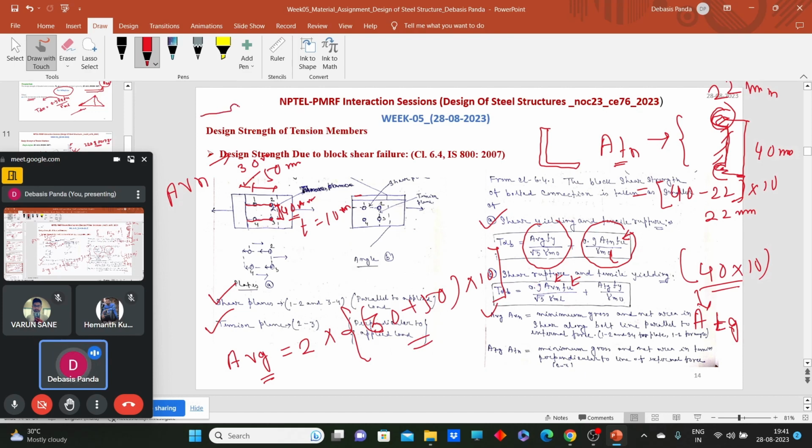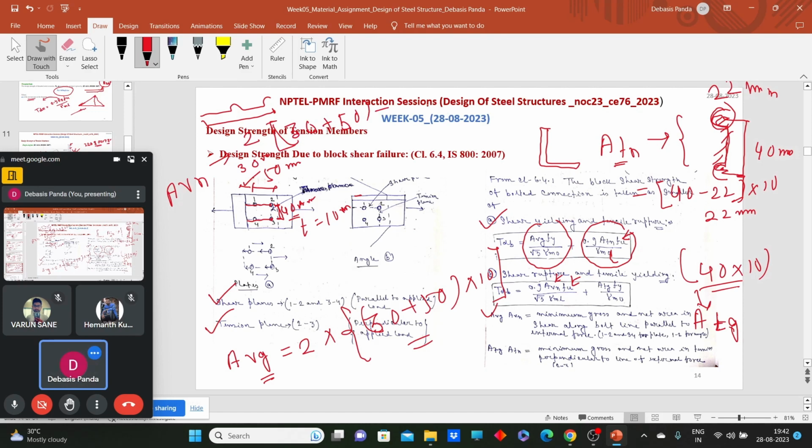Along the shear plane, we have one full bolt hole and half a bolt hole here, because we are considering this length up to the center line, right? So what will be the AVN value for this case? It will be 2 into 30 plus 50, that is the total length. Now I have to deduct the bolt holes.